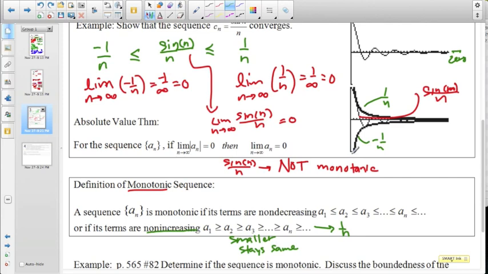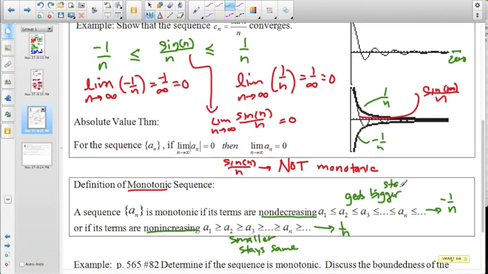And likewise, negative 1 over n starts really small, or what I would call big negatives, and then it gets bigger and bigger as it goes towards 0, and 0 is the biggest value that it gets. So negative 1 over n is what we call non-decreasing. In other words, it gets bigger or stays the same.